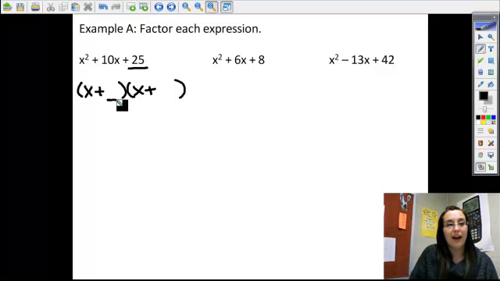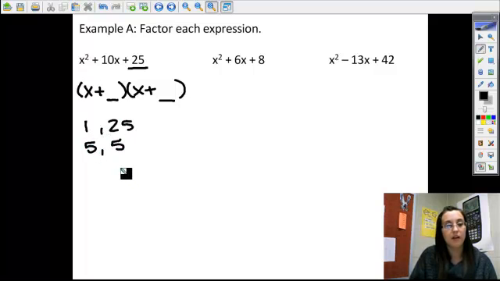So I want the last two terms to multiply to 25 and add to 10. If I think about the factors of 25, it could be 1 and 25, or it could be 5 and 5, and those are the only factors. If I add 1 and 25, I get 26, which is not the middle term. If I add 5 and 5, I get 10, which is the middle term.